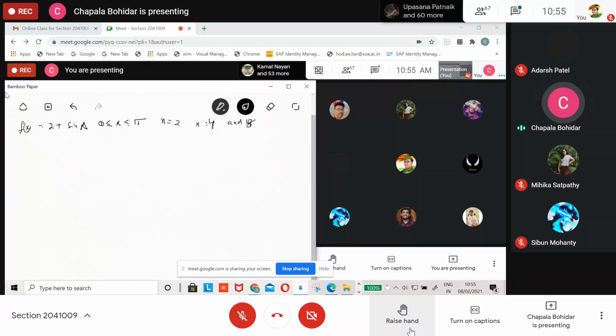Okay, first you do the figure. Where is my figure now? When I put the value x is equal to 0, I get the value 2. It is 0 to pi. When I put the value pi, I also get 2. Sorry, my curve is not there.